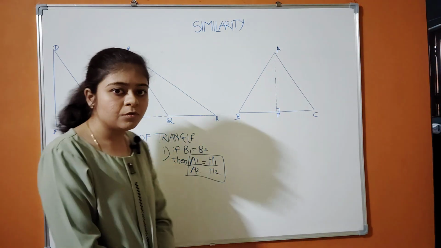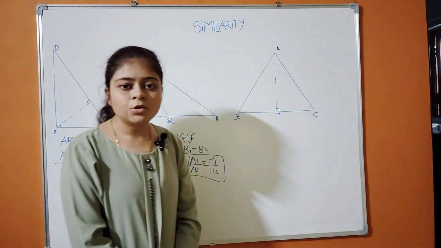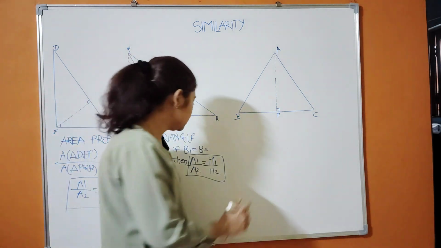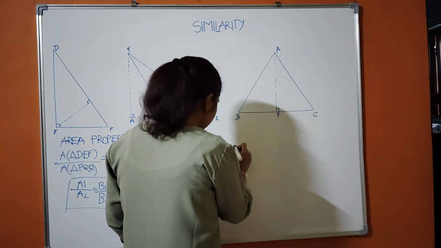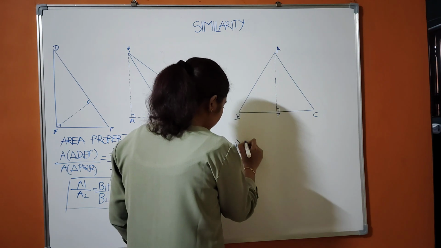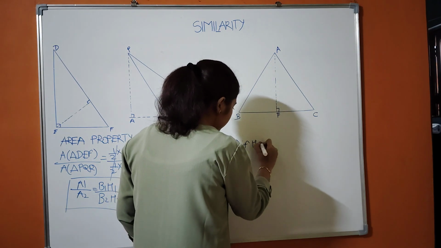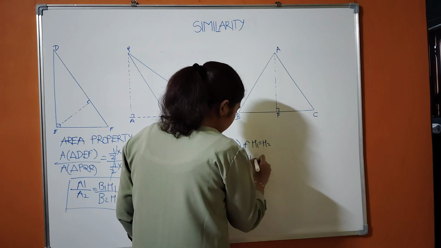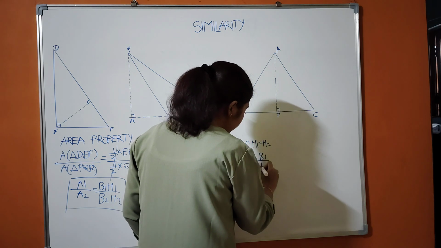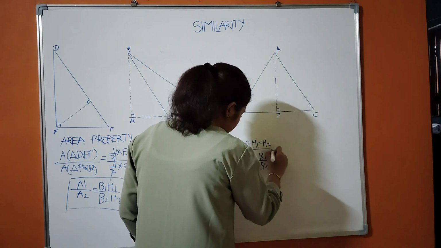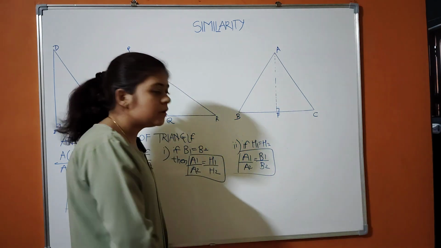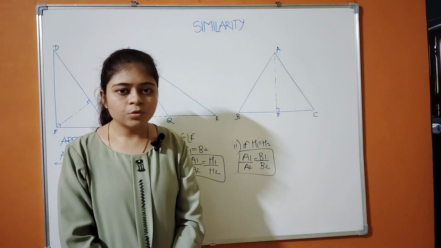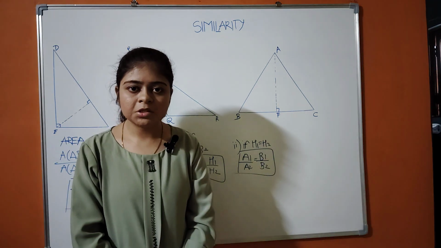And similarly, if H1 equals H2, then the ratio of the areas of two triangles is equal to their corresponding bases. If H1 is equal to H2, then A1 upon A2 equals B1 upon B2. And what would happen if bases are also equal and heights are also equal? Both would get cut, and what are we left with? 0?